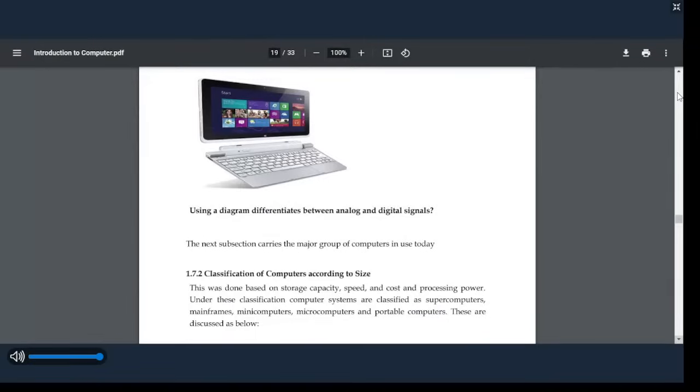Computers range from supercomputers, mainframe computers, mini computers, microcomputers, and portable computers, including what you are carrying, like your smartphones. The current smartphones are actually just computers, and they are really helping us to do most of our work.